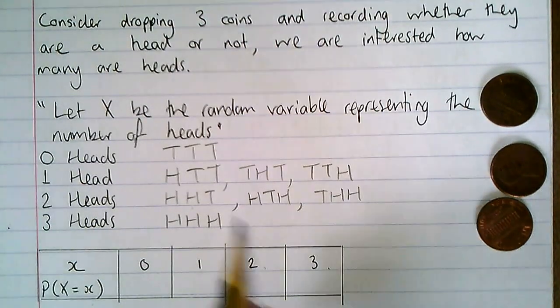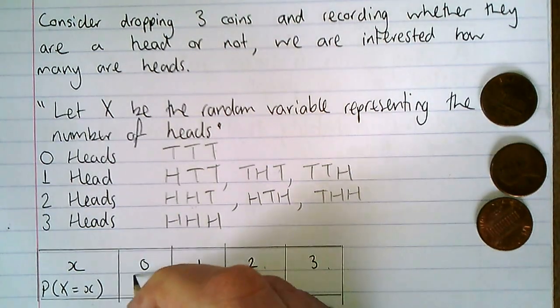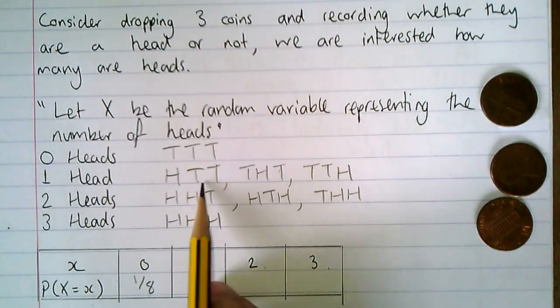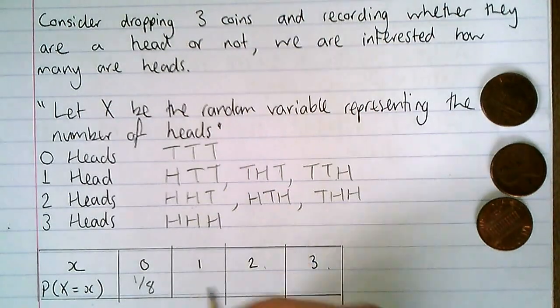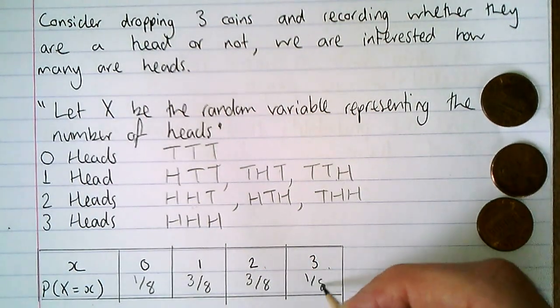So if we fill this in, here I've got 1 out of 1, 2, 3, 4, 5, 6, 7, 8. So here I've got 1 out of 8, and 1/8 is my probability for getting no heads. For getting 1 head, there are 3 options out of the 8 in total, so that's 3 out of 8. Similarly for 2 heads, it's 3 out of 8, and then for 3 heads, again, it's 1 out of 8.